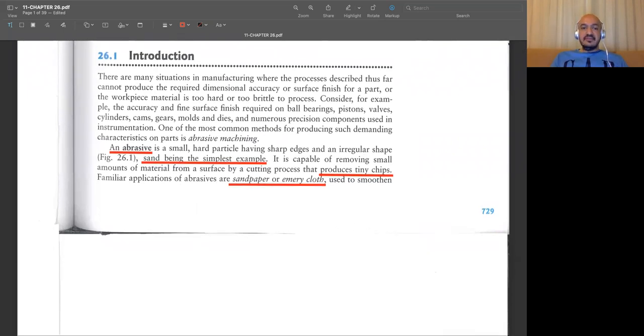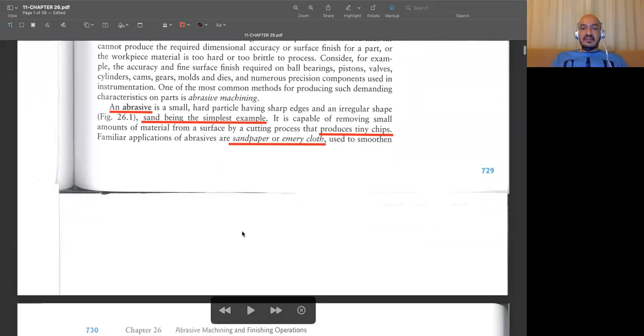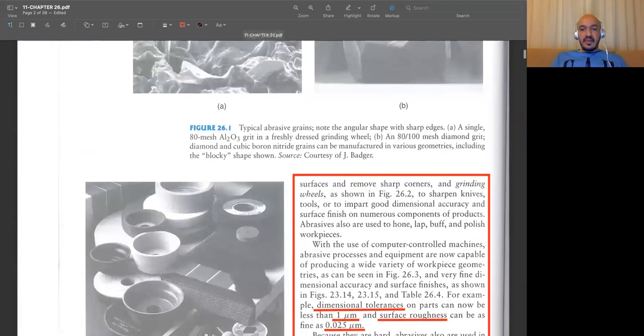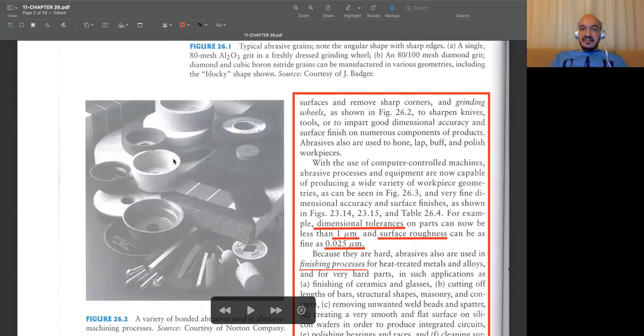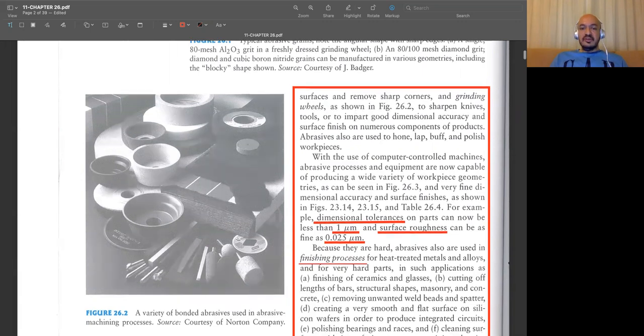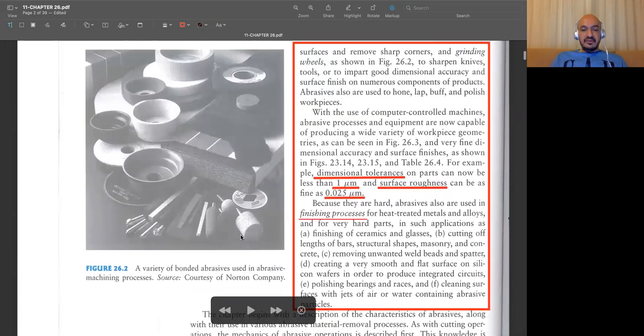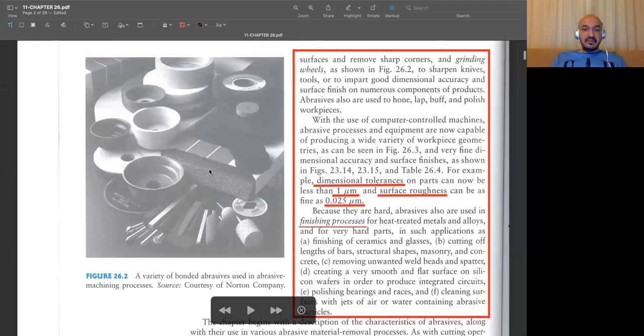In all of these abrasive machining processes, we make use of these little abrasive particles, which are sometimes embedded onto papers or mounted around a wheel. With their help, we increase the quality of the surfaces or remove some material from sharp corners or sharp edges, so that our dimensional accuracy and surface quality will be improved. You can see some types of abrasives and some wheels and papers here.